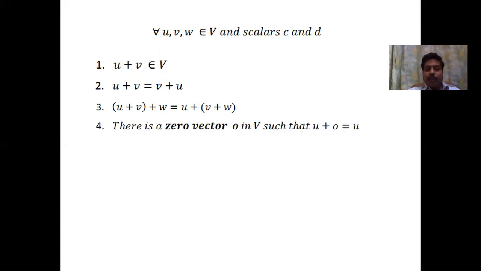And now the fourth property: there is a zero vector 0 in V such that U plus 0 is equal to U. So we have an additive identity, as in group theory. This is similar to that.